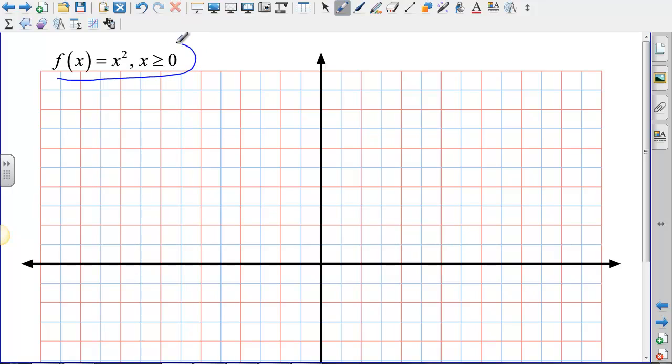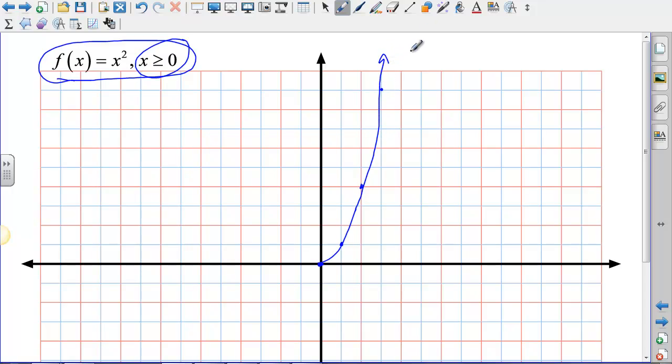And here you can see I've added this constraint that says x is greater than or equal to 0. Which means that when I go to graph it, I'm only going to graph the right side of this graph. X is 0, x is 1, x is 2, x is 3.